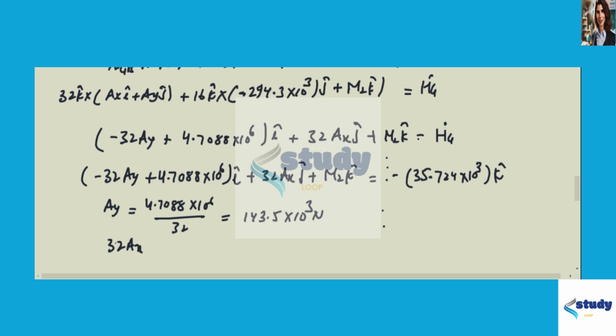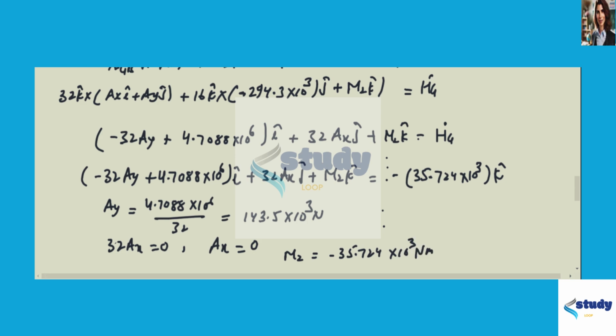Here one term I am missing. It will be minus, just a moment, is equal to 0. That is AX is equal to 0 and M2 will be minus 35.724 into 10 to the power 3 Newton meter.